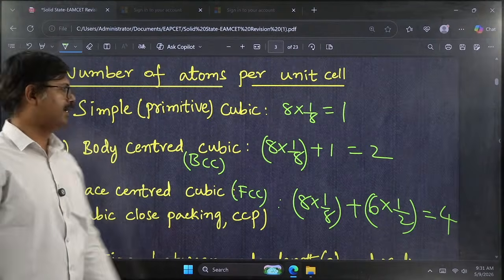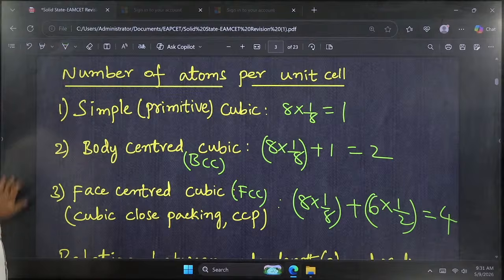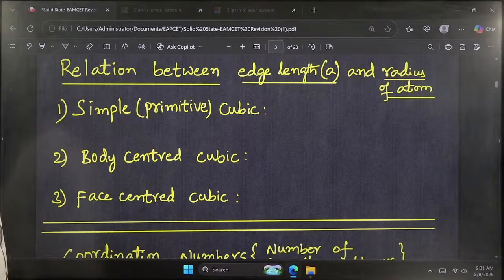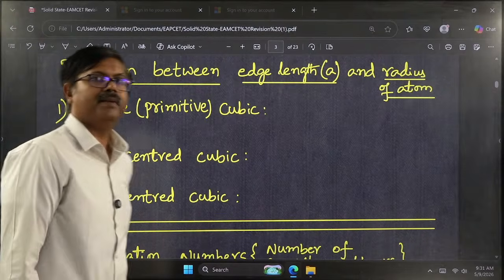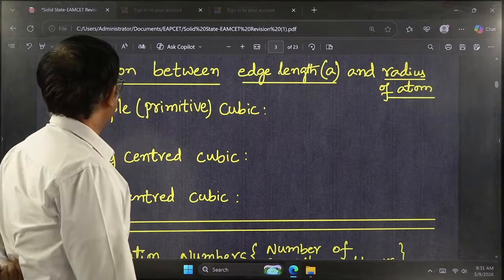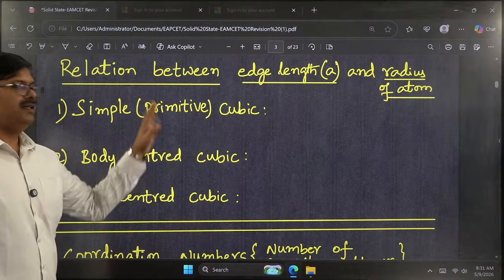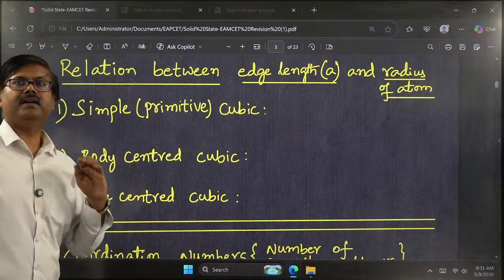Next, the relation between edge length and radius of atom. See, here what is the cube?